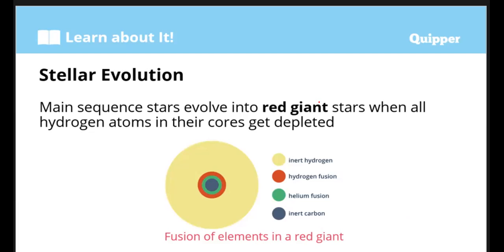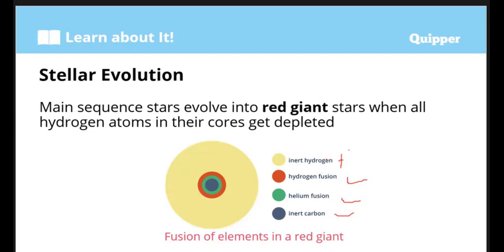So take note that the yellow is the inert hydrogen, the hydrogen fusion is the red one, the helium fusion is the blue one, and the inert carbon is the green one. So the red dwarf star requires hydrogen.